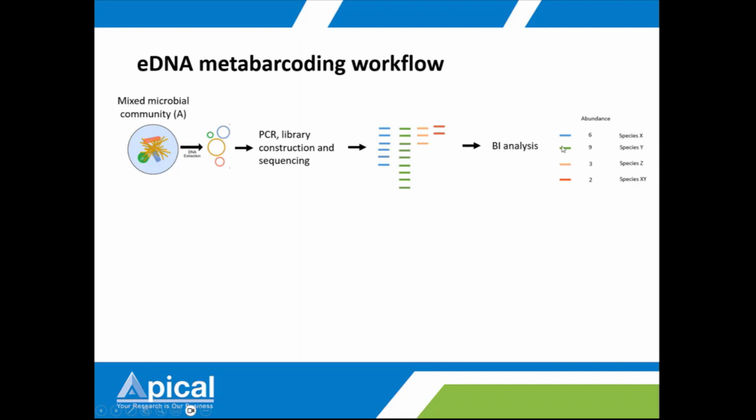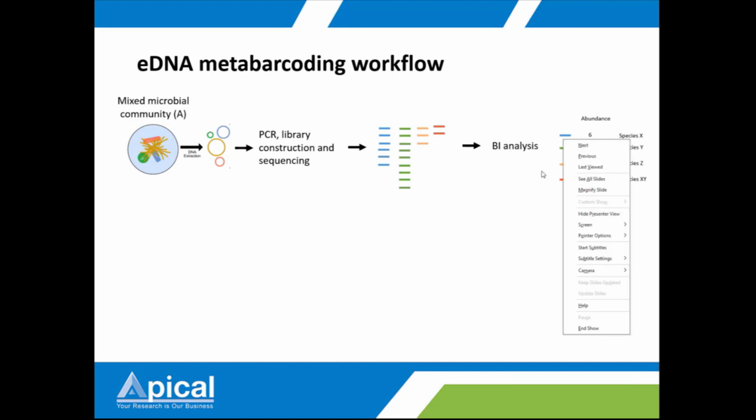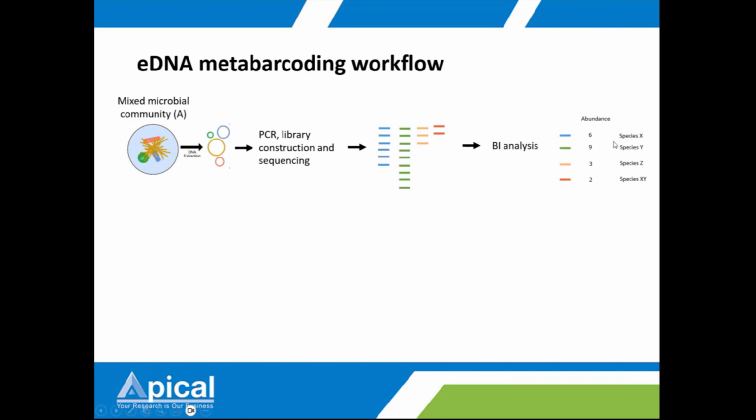Then using the representative sequence, we can match it to the database I mentioned earlier. From the database, we can identify what the species are. So we can match the sequence to the species. So we have the sequence, the abundance information, together with the species information. All this information will be available for all the sequences, so we have a table providing all this information.